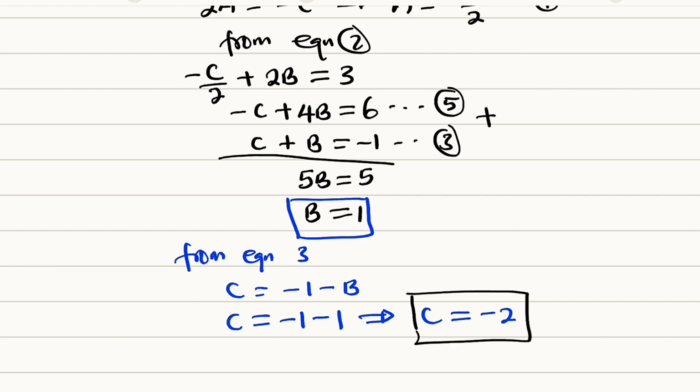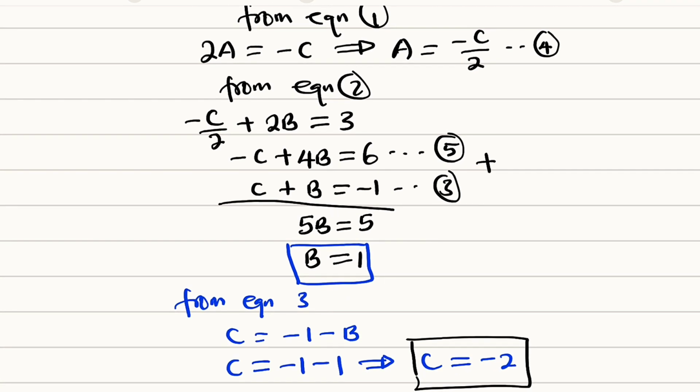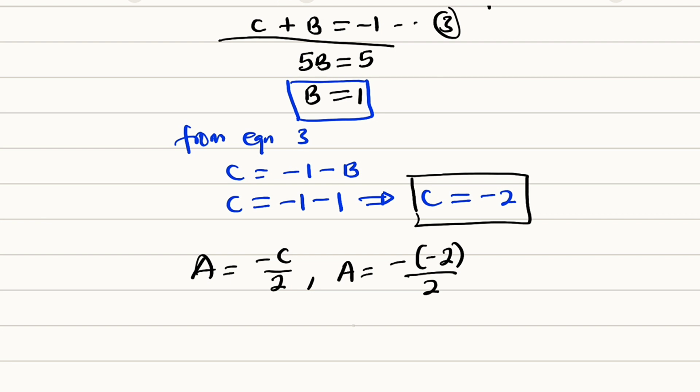And the last one we want to find is the value of a, which is -c divided by 2. You can see it right here. a is equal to -c divided by 2, but c is -2, so a will be equal to -2 divided by 2, and finally a is equal to 1. This is another value, and this is the last one.